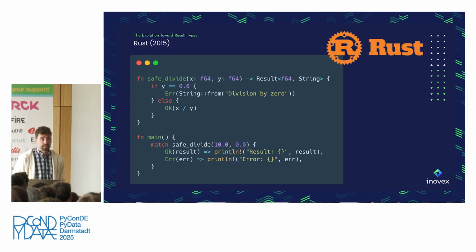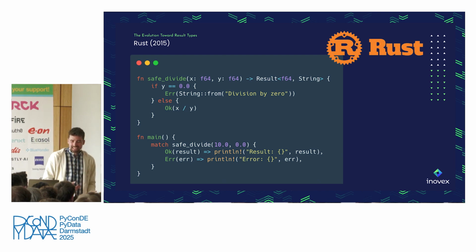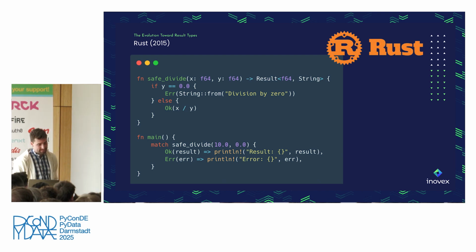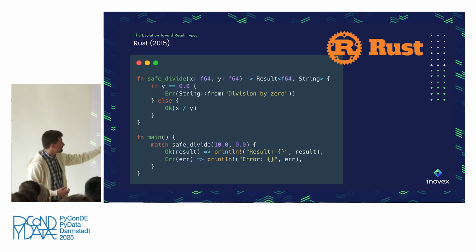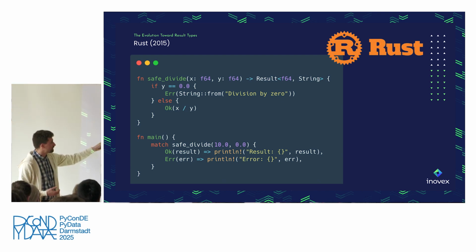Newer programming languages, like Rust, almost like a sister language to Python, right? A lot of things are written in Rust nowadays. And how does it look here? We also have a safe divide, and this time we have a result type that is either the float or some kind of error string.